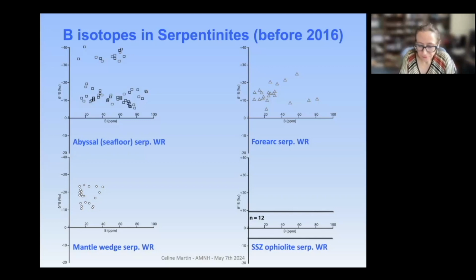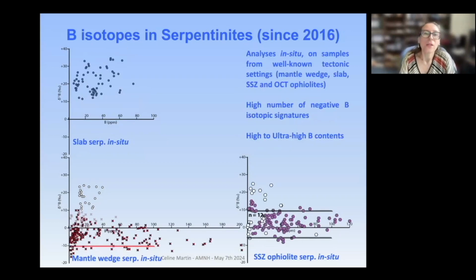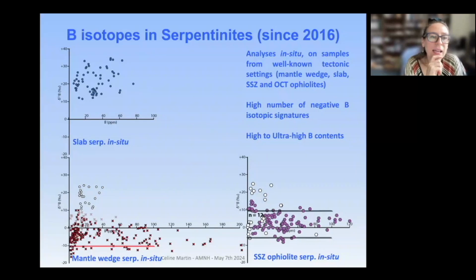isotopic measurements. Since we developed the in situ method here in New York, we have increased a little bit the number of slab measurements, in blue at the top. But most importantly, we have identified all these negative boron isotopic signatures that have never really been seen before, and that are mostly found in mantle wedge serpentinites.